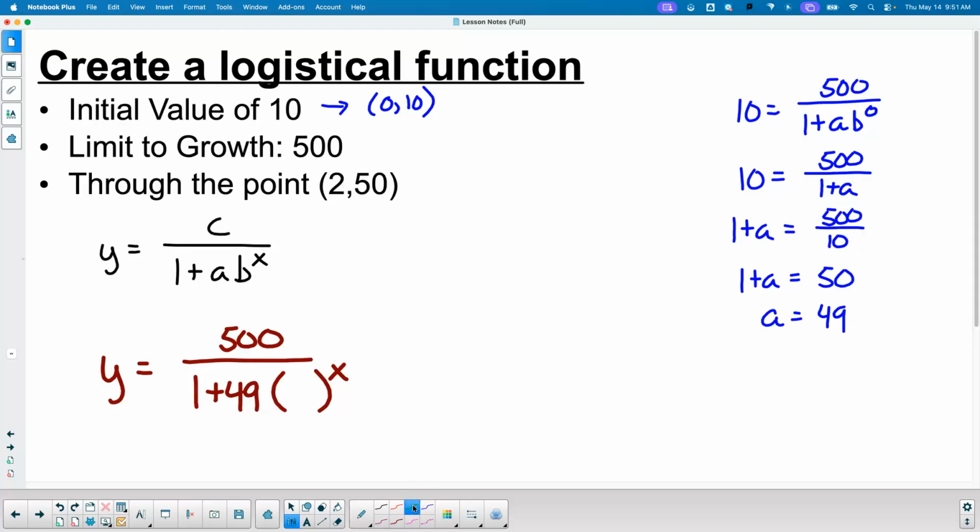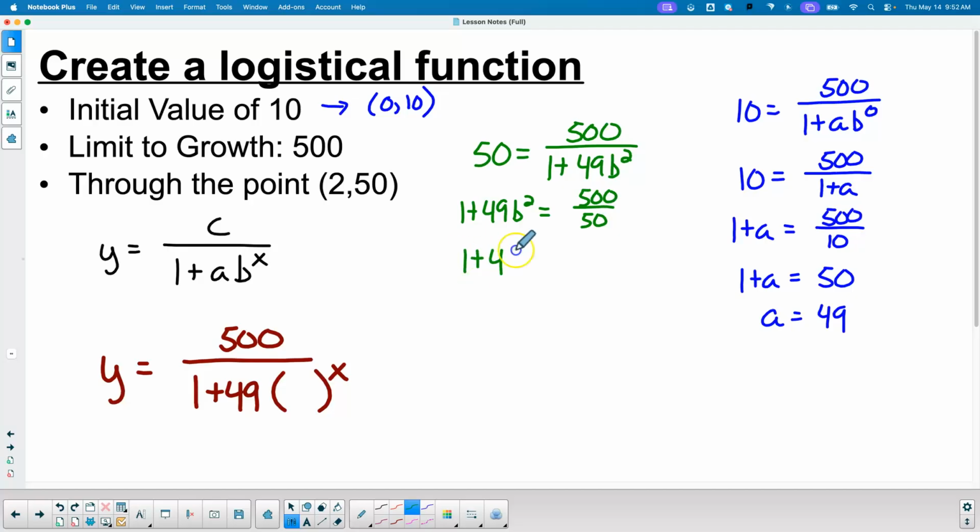If it goes through the point 2, 50, then I can say 50 equals 500 divided by 1 plus 49 b squared now. So 1 plus 49 b squared is going to be 500 divided by 50. So 1 plus 49 b squared is going to be 10. I can subtract 1.